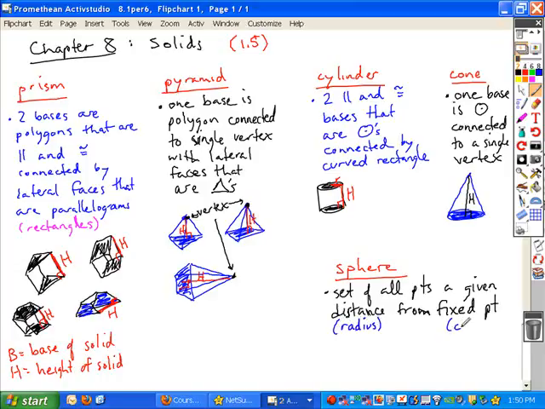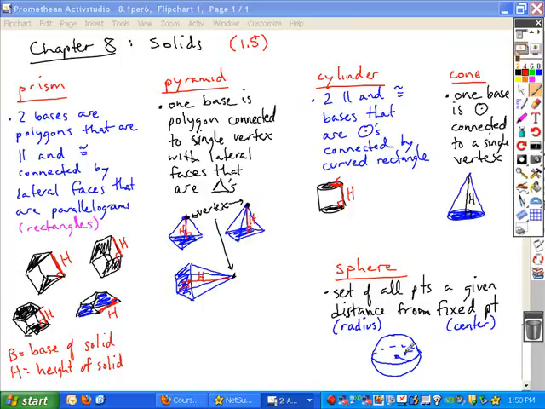The fixed point is called the center. It's usually represented with a curved line to represent the ring around the three-dimensional measure of that sphere. The radius is just the distance from its center to any point along the sphere.